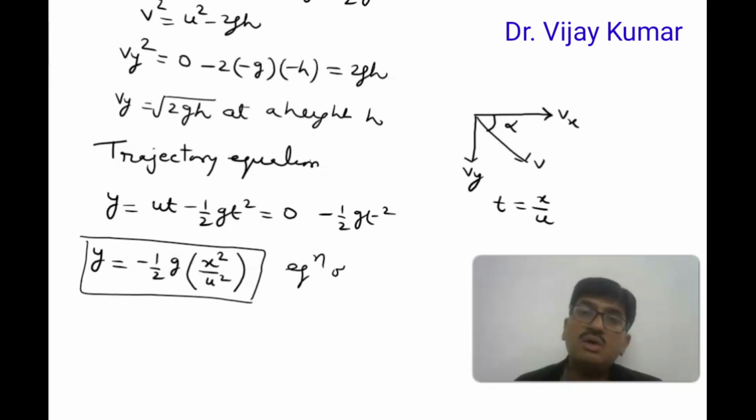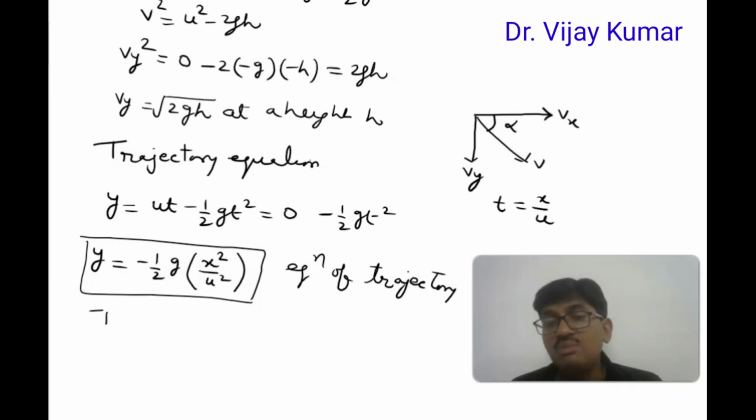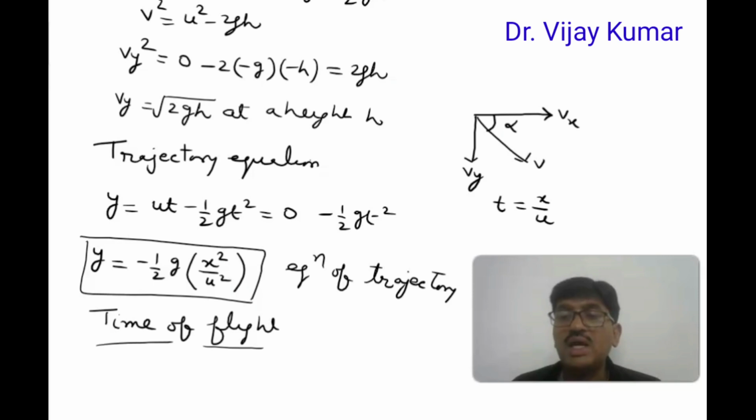Equation of trajectory. If we want to determine the time of flight, we know that in the previous case we have discussed the time at which the object is in air, that is time of flight, and in this case we know that it should be h.